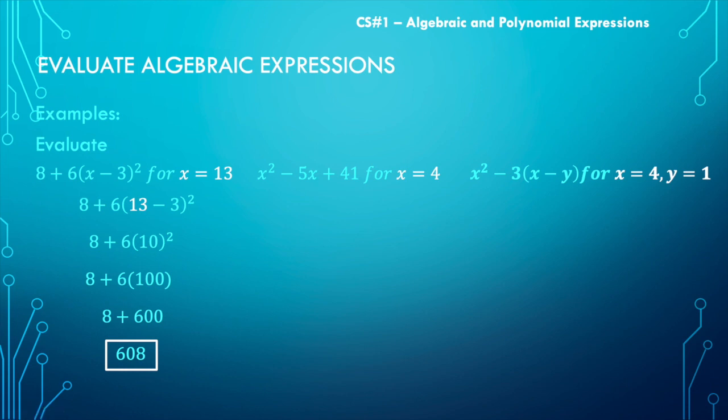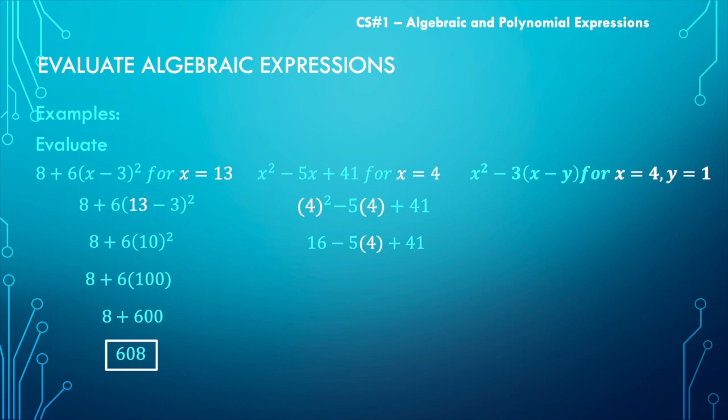You do it in every instance where you see x, it is going to be replaced with the value 4. So let's replace this x with 4 and this x with 4, and then I'm going to apply my exponent. So 4 squared will give me 16. So 16 minus 5 times 4 plus 41.